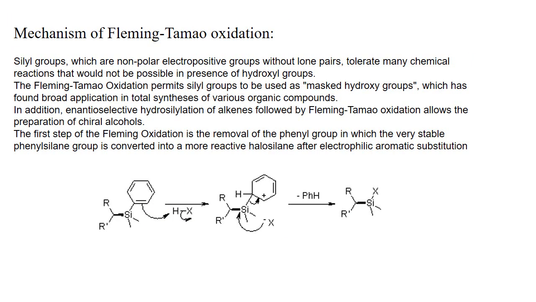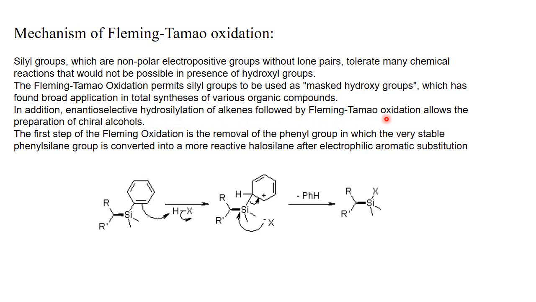The mechanism of Fleming-Tamao oxidation: silyl groups, which are non-polar electropositive groups without lone pairs, tolerate many chemical reactions that would not be possible in the presence of hydroxyl groups. The Fleming-Tamao oxidation permits silyl groups to be used as masked hydroxy groups.